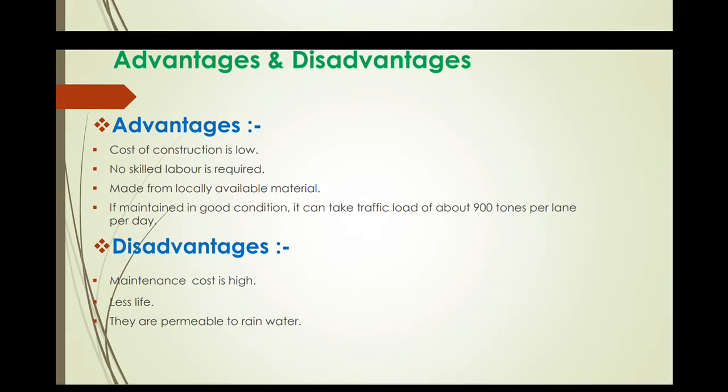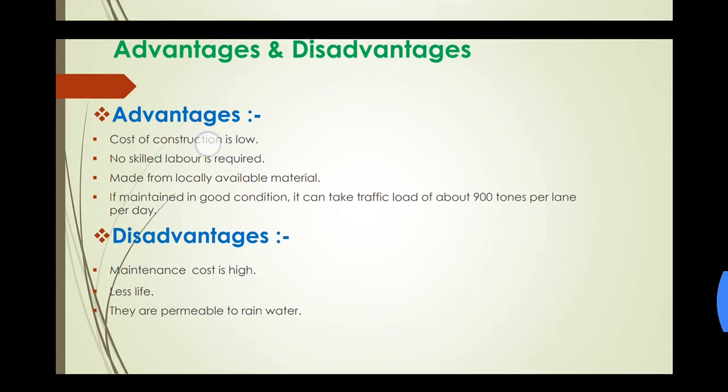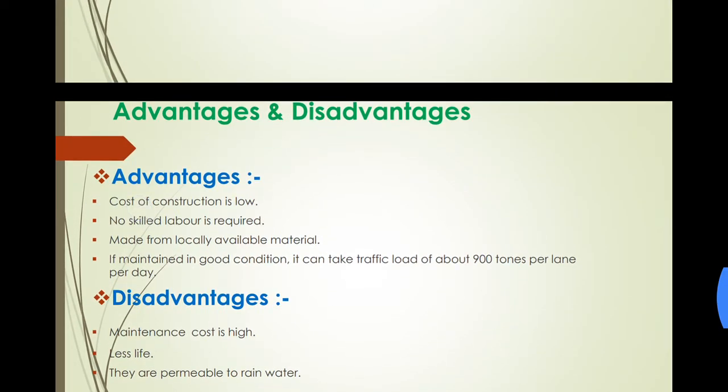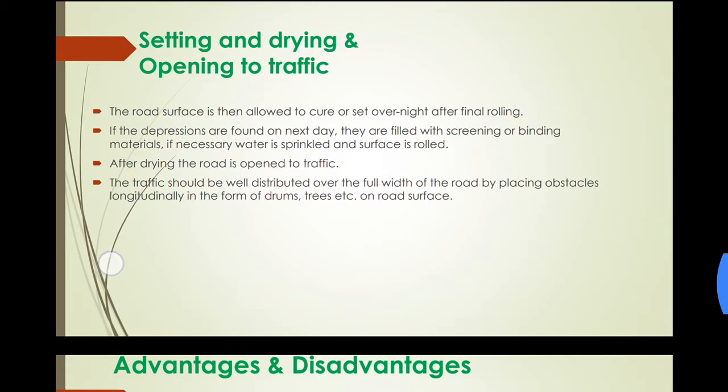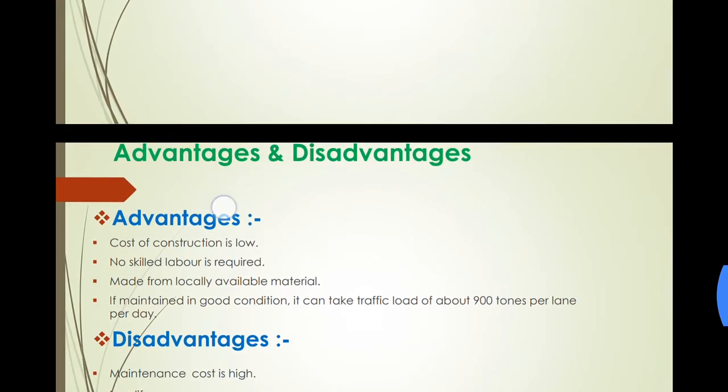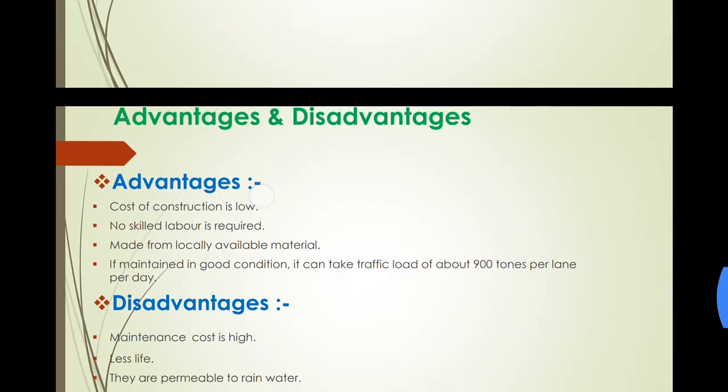Now what are the advantages or disadvantages of WBM road? The advantages are the cost of construction is low. This is obvious since we do not have a binder course here on top, and also we don't have a surface course, so the construction cost is low.